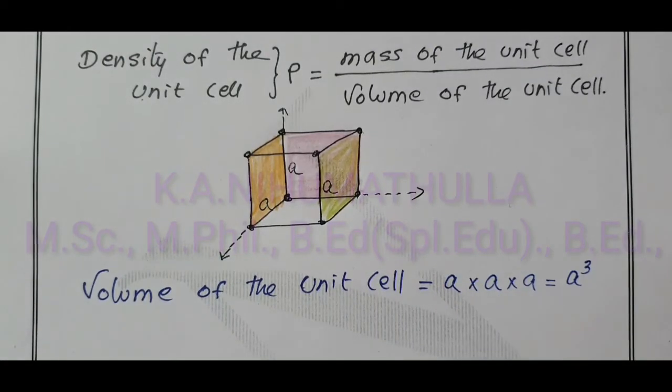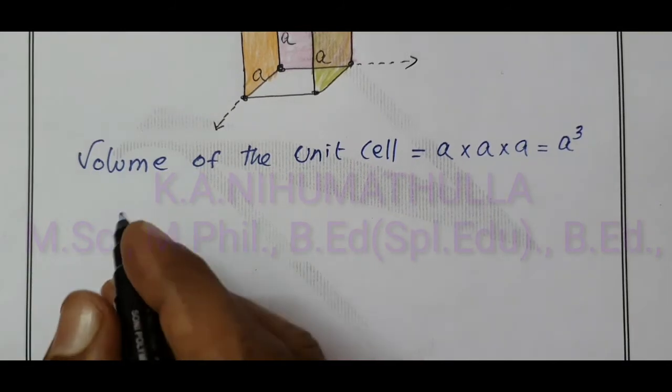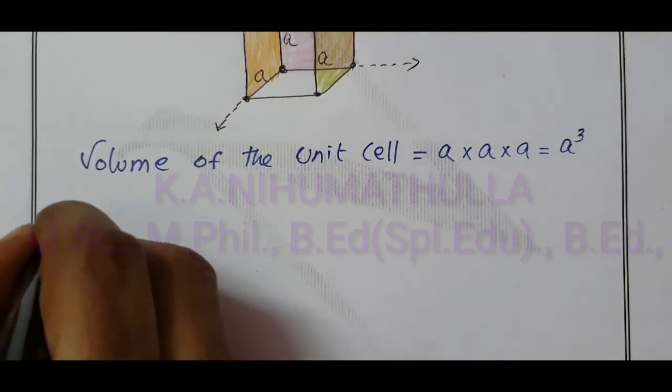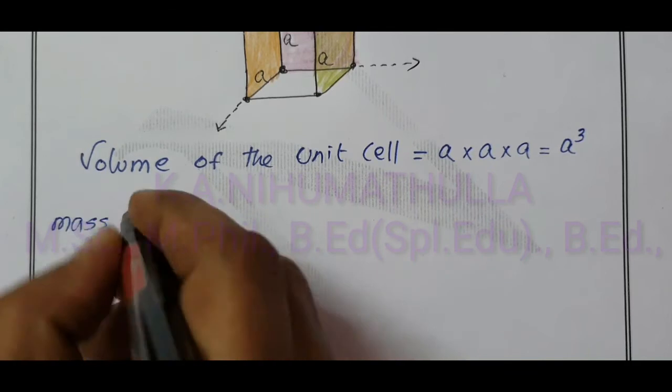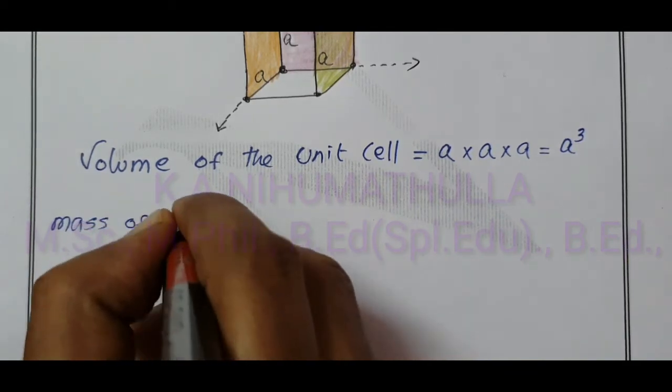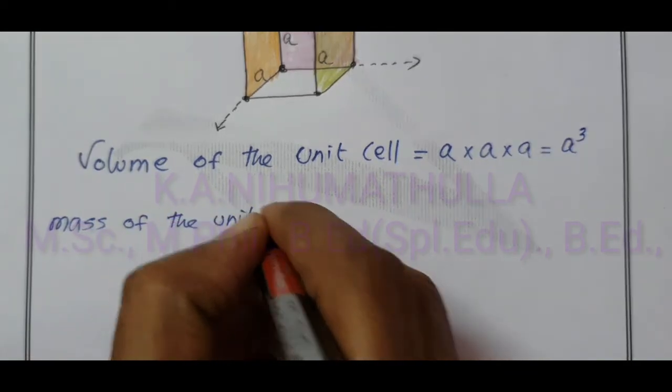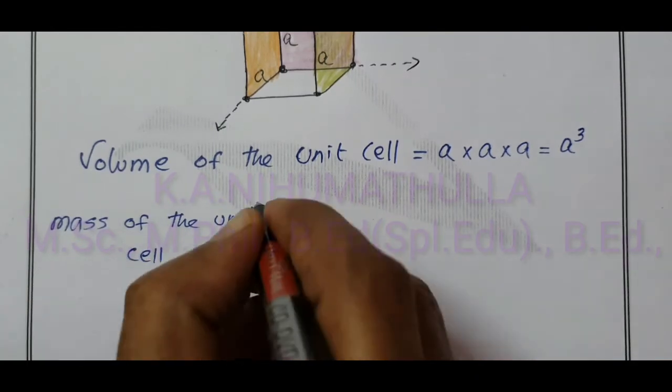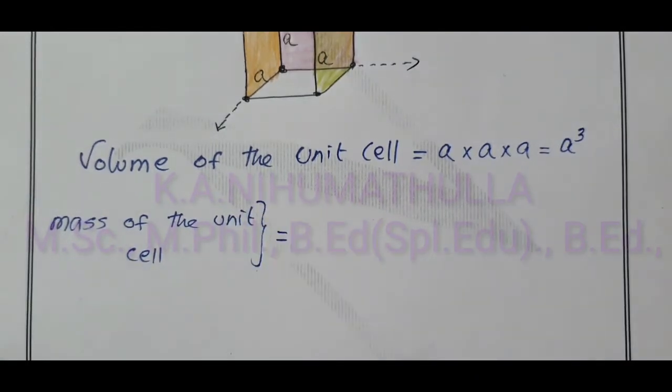How to find out mass of the unit cell? We have some more sub formula. Mass of the unit cell, how to calculate it? It is divided into 2.